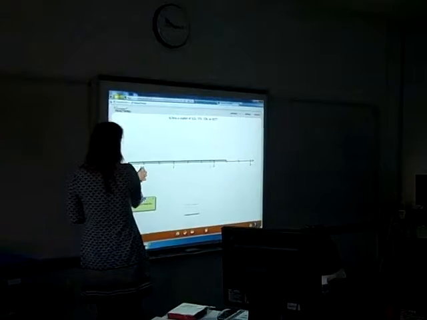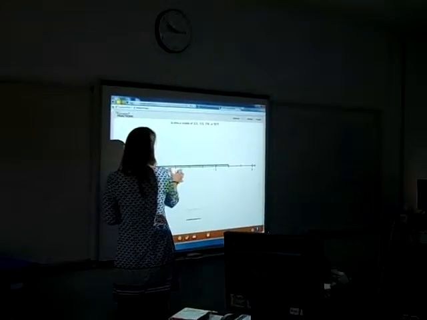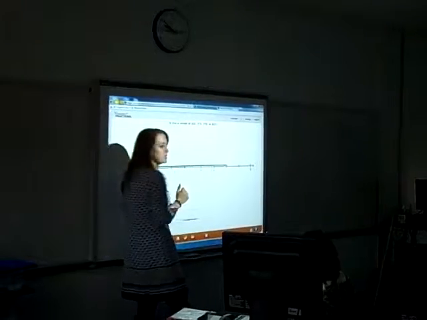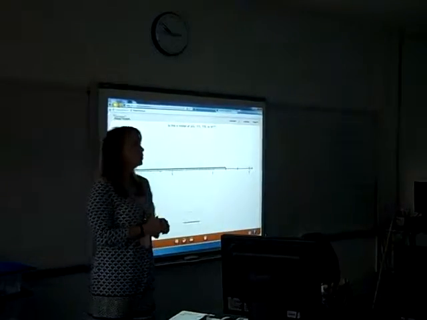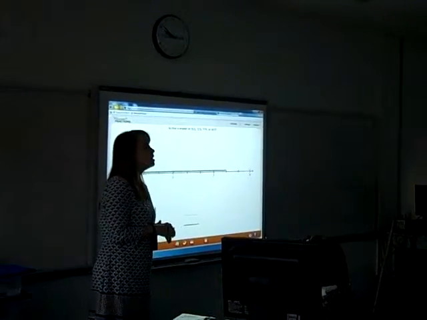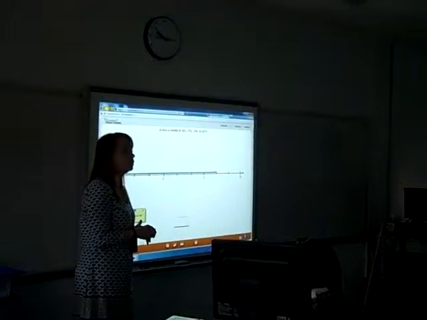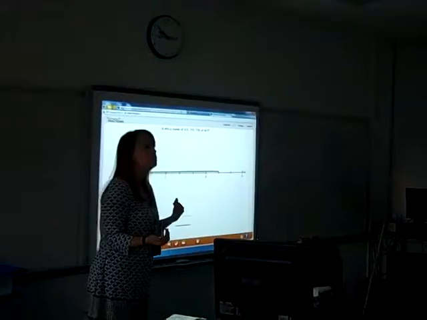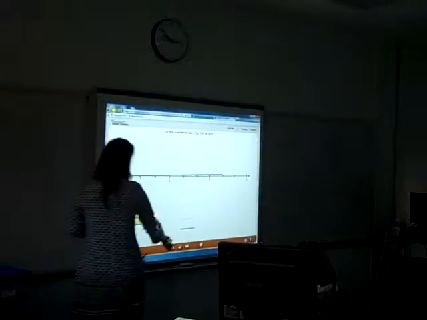Alright, so if you notice, I have 1, 2, 3, 4, 5, 6, 7 pieces shaded. Is that going to be my numerator or denominator? Numerator.